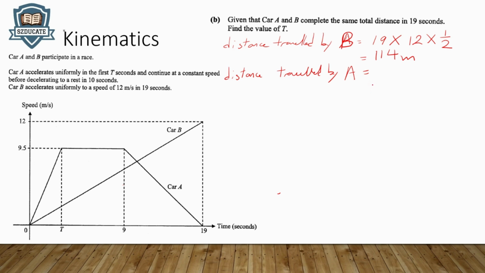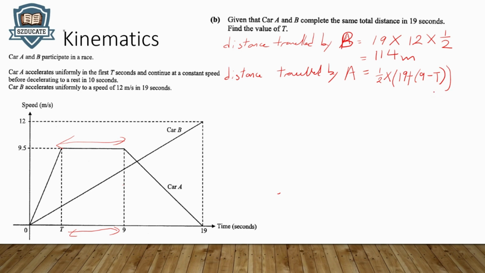Okay, so for the trapezium, there's a portion where it's T, and then there's a portion where it's 19. The area of a trapezium is half times the sum of the two parallel sides. The longer one is 19, plus the shorter side, which is 9 minus T, because T is an unknown. Take 9 minus T, you get this part here.